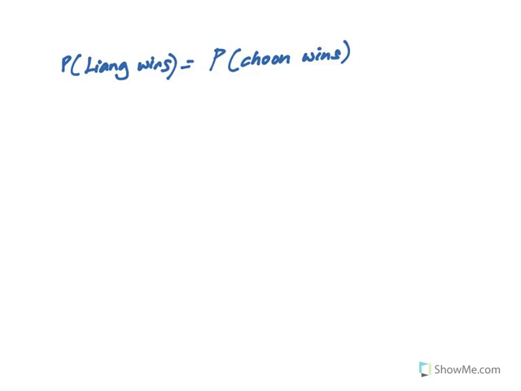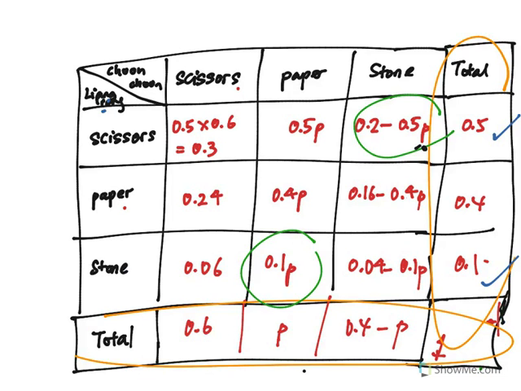The probability that Liang wins, let's say I use another color, maybe pink, for Liang. Liang wins means what? It could be Liang giving paper and Chun giving stone. It could also be Liang giving stone and Chun giving scissors.